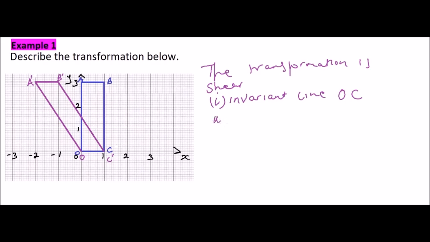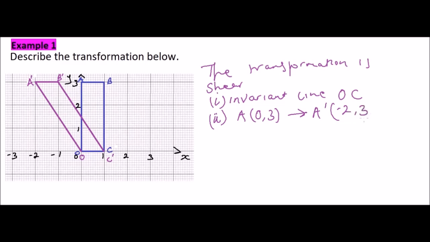Then the second thing that we use to describe shear is any point which lies on one of the lines which is not parallel to the invariant line. So we can, for example, take A. A is on OA, and OA is not parallel to OC. So we can use A and say our original A is at (0, 3), transformed to our image of A, which is at (-2, 3).